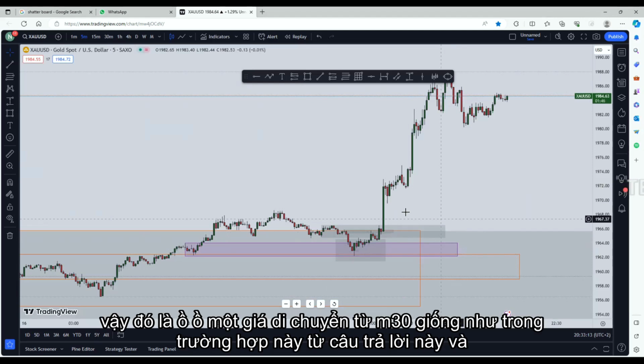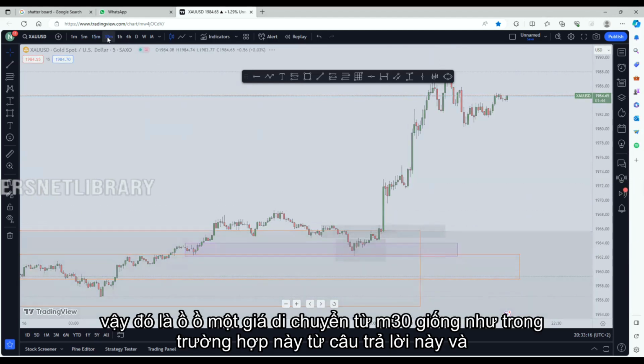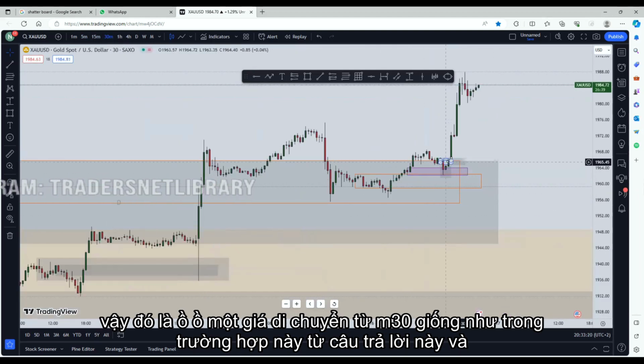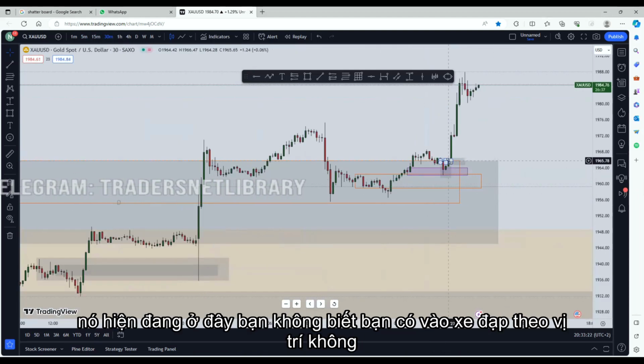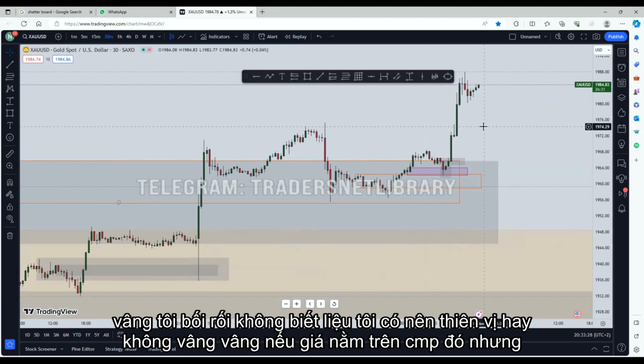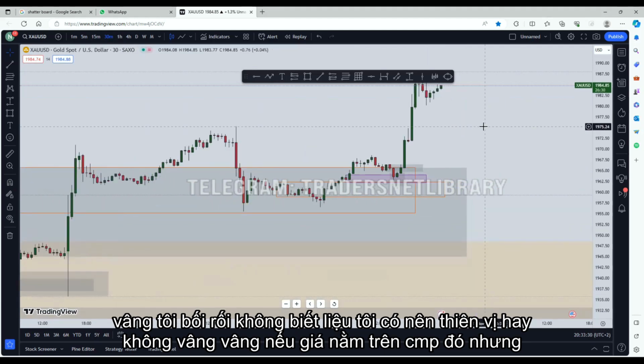That's what actually confuses me. Or when price moves from M30, like in this case, from this M30, it is currently here. You don't know whether you enter a buy position. I get confused there. Should I take the buys or not?